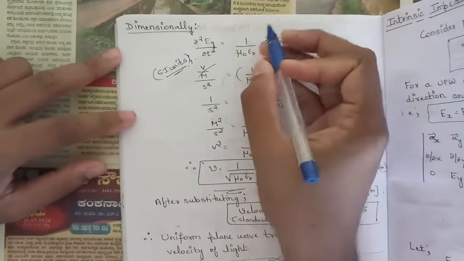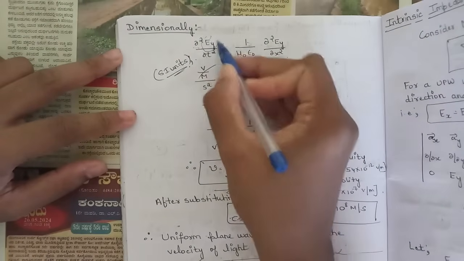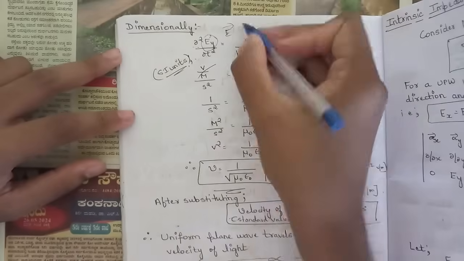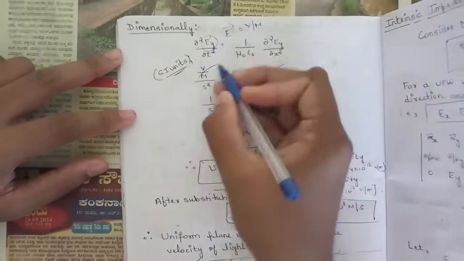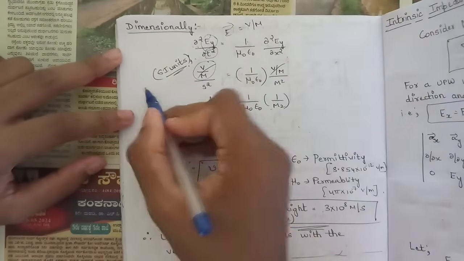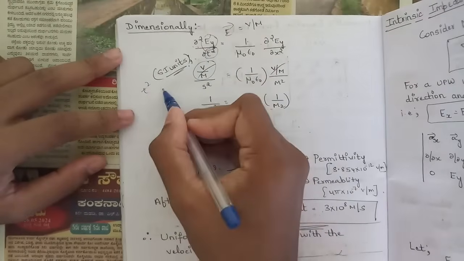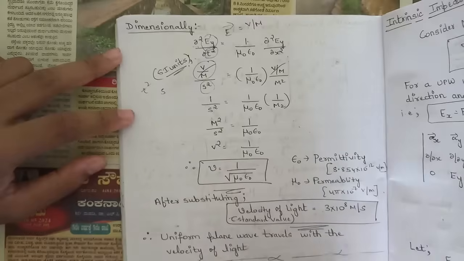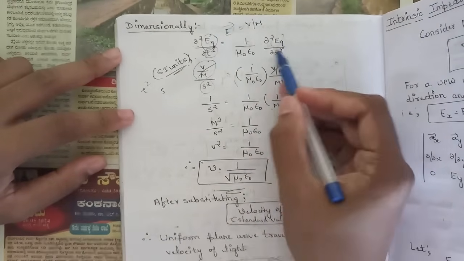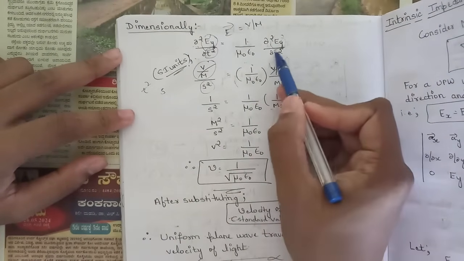We know that Ey, the electric field, has the SI unit volts per meter. So I have written V/m divided by t², and the SI unit of time is second, so s². Same thing here: 1/(μ₀ε₀) stays as it is, and again Ey, volts per meter, divided by x².